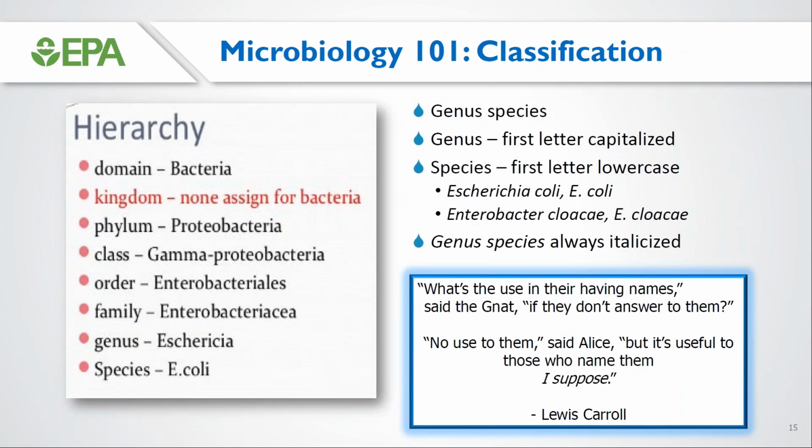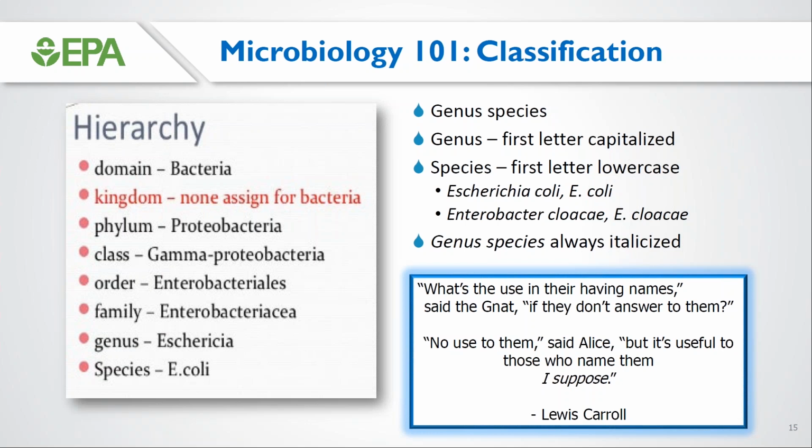So this slide, I just want to give you an overview of taxonomic classification for bacteria in particular. Really all I want you to take away from this slide is that typically when microbiologists refer to the organism that they're working with or the organism that's causative of some kind of disease, we usually refer to them by their genus and species name.